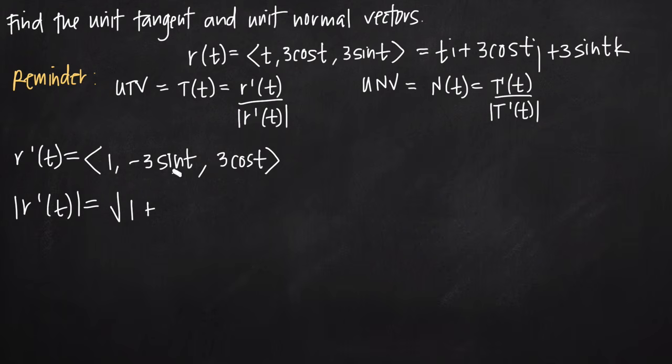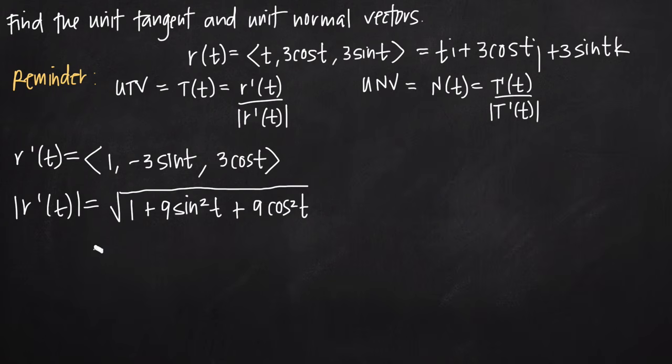Then we're going to add to that the square of negative 3 sine of t. When we square that, the negative 3 times negative 3 becomes a positive 9, and sine of t times sine of t, we get sine squared of t. Then we're going to add to that the square of 3 cosine of t, which is going to be 9 cosine squared t, and all that's going to go under our square root sign.